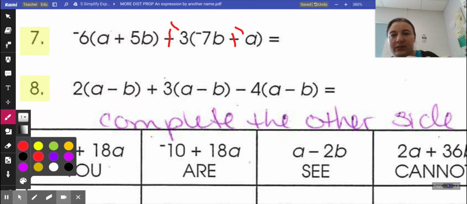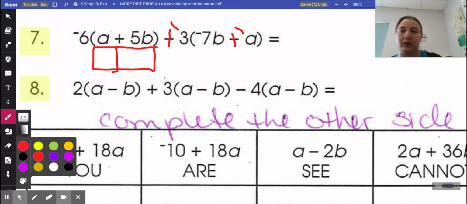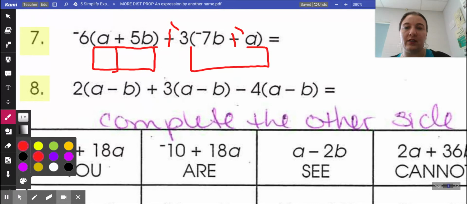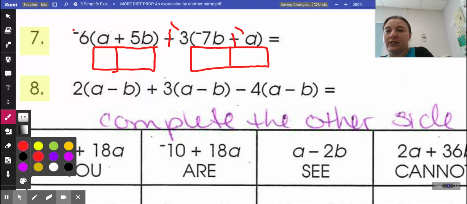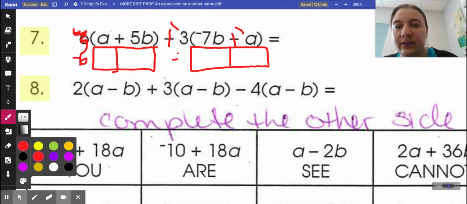And anywhere I see parentheses, I'm going to do parentheses first according to PEMDAS. There are 2 terms in the first parenthesis, and the second parenthesis also has 2 terms. The negative 6 is what is being distributed, so it's touching the parentheses. It's going to touch the rectangle. And right here I have a negative 3 touching the parentheses.